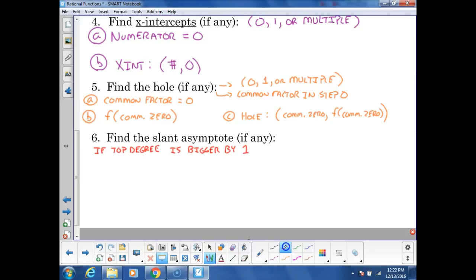Okay. So this is if the top degree is bigger by 1, then there's a slant asymptote. What do I do to find the slant asymptote? Divide. Divide the fraction out? Yep.